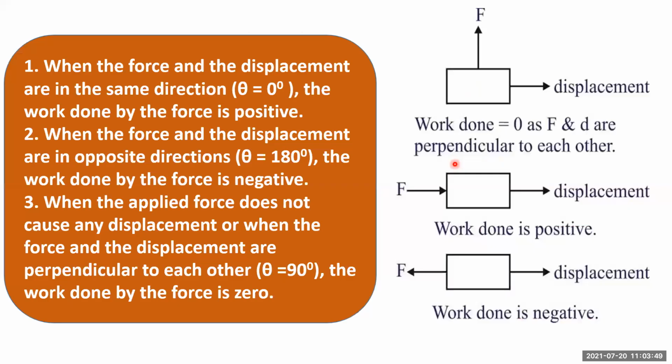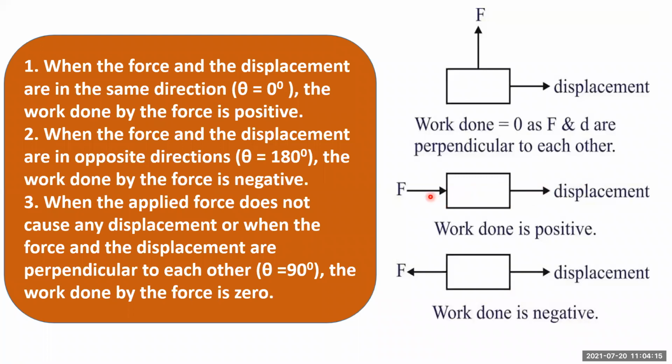When the force and displacement are in the same direction, theta is 0, and the work done by the force is positive. See the second example: F means force, the block or whatever object you are moving, and that is displacement. Both arrows are the same, meaning force and displacement are in the same direction.